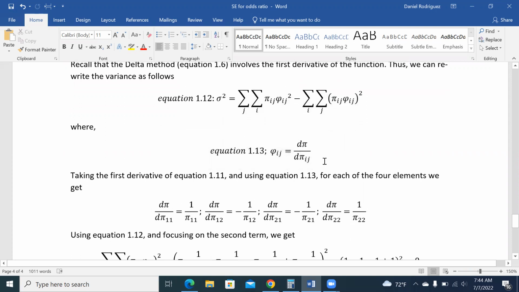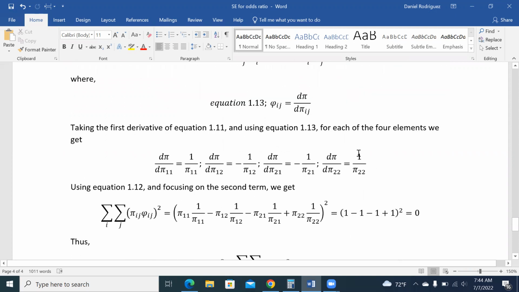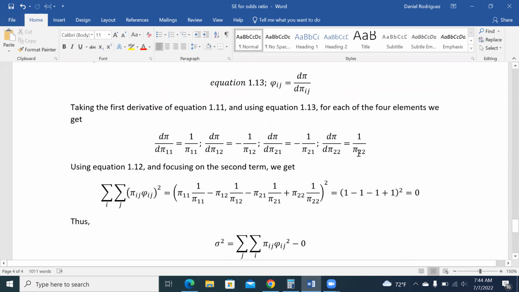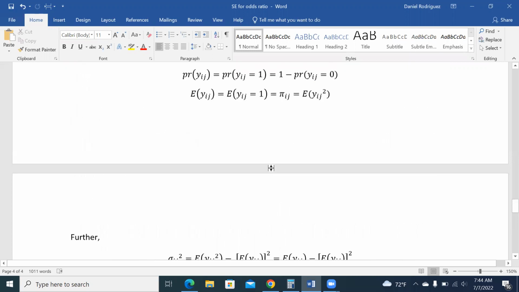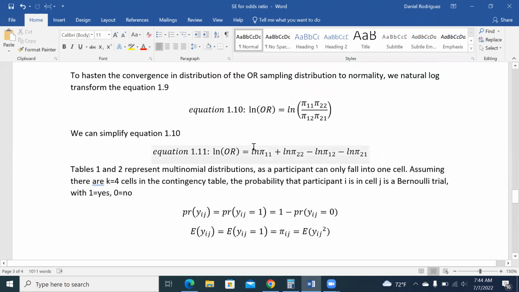Now, we're going to use these derivatives. What I'm going to do is walk you through this last part here, and then you'll see how we finally arrive at the answer. So we take the derivative of pi with respect to each of the cells. If you recall, based on equation, I think we had 111. Yes, here. The derivative of the natural log of an element is 1 over that element.